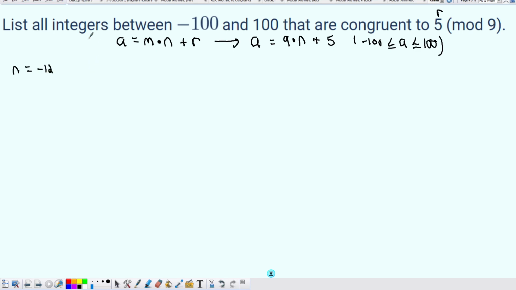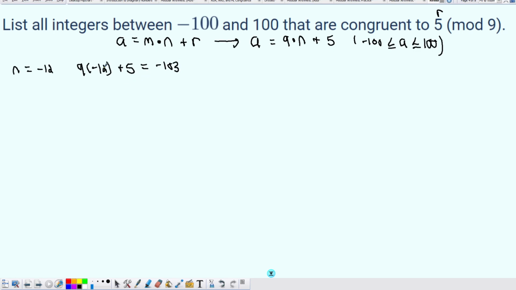That would get me that 9 times negative 12 is negative 108. Well, I also want to add 5 to that because it has to fit the residue system. So in this case, negative 108 plus 5 turns into negative 103.